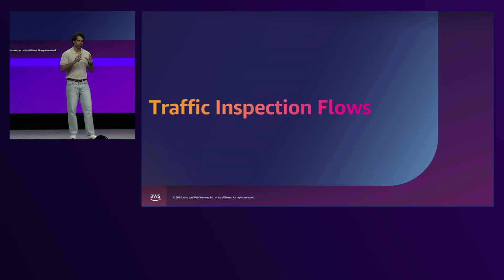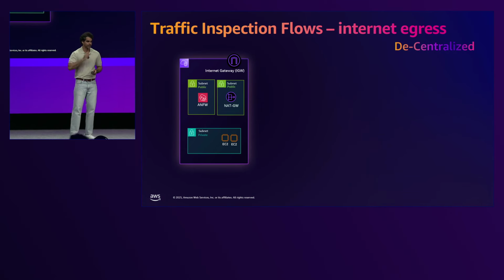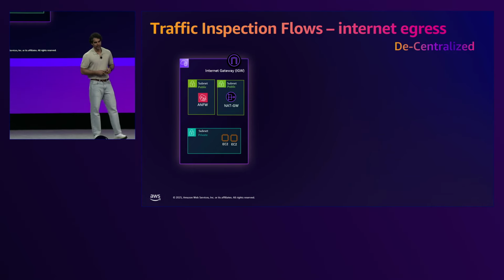All right, so now we have seen the different options you have, but how do they fit from a network inspection flow standpoint? So let's talk about different traffic flows. Let's start with internet egress. Internet egress is where you have hosts in your VPC which need access to something sitting on the internet.